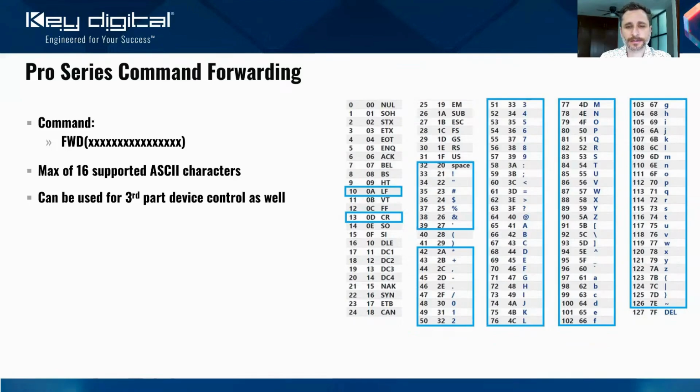And those commands could come in on the network port with the header FWD parentheses, and then what is within those parentheses gets output and forwarded on the RS-232 port. So that XXX, as you see it there, that's actually the command of the device you want to control.